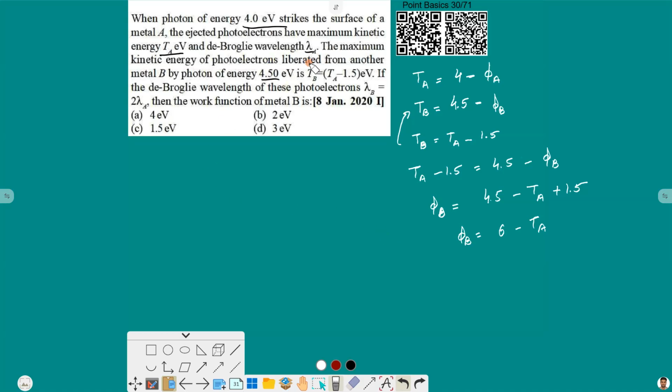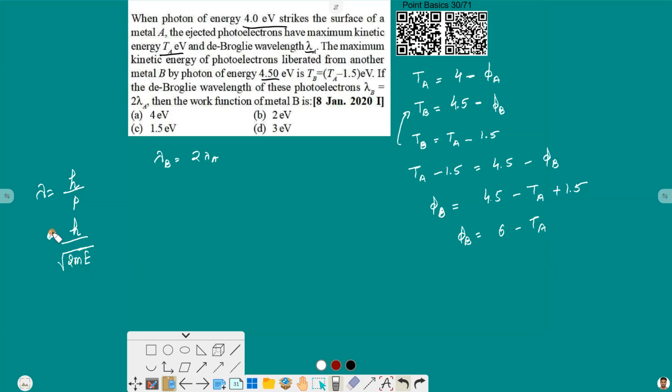Now come to the wavelength terms. It is mentioned that the de Broglie wavelength lambda b is equal to twice lambda a. We know that the de Broglie wavelength is h by the momentum, that is h by under root 2m times E, where E is the energy of the electron.